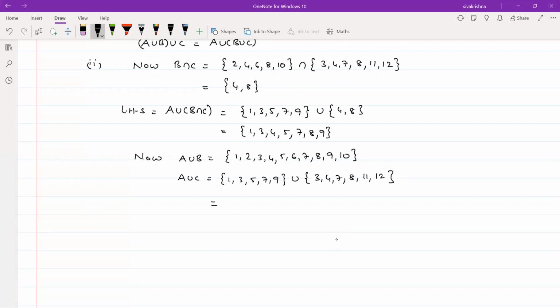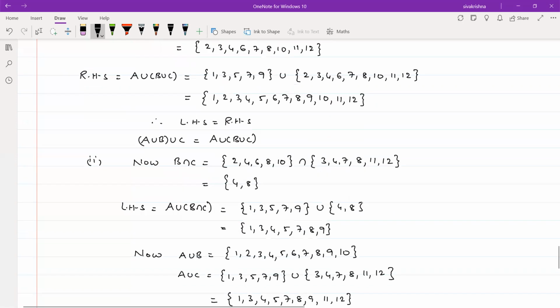In the middle we have union, which means we write all the elements present in both the sets, while the repeated elements are written only once, so that we get 1, 3, 4, 5, 7, 8, 9, 11, 12. This is the set A union C, and we also have A union B.